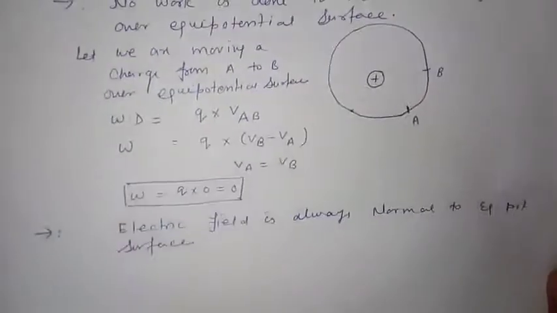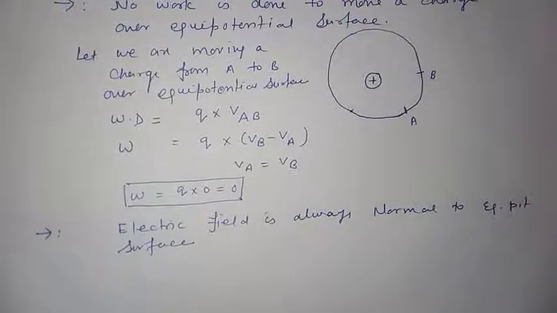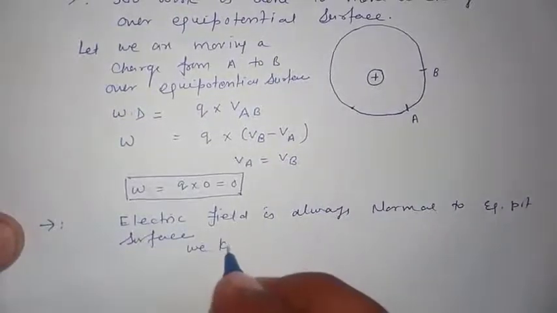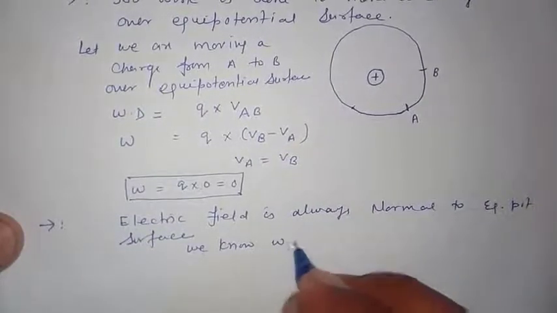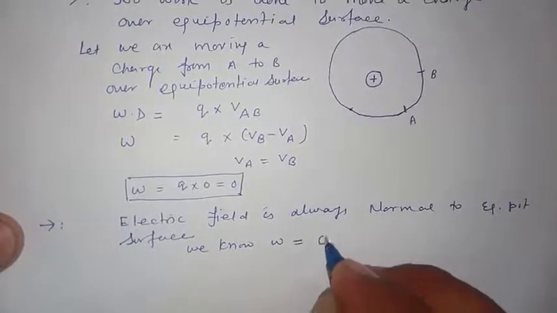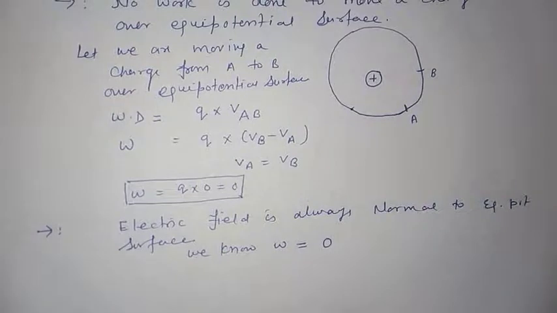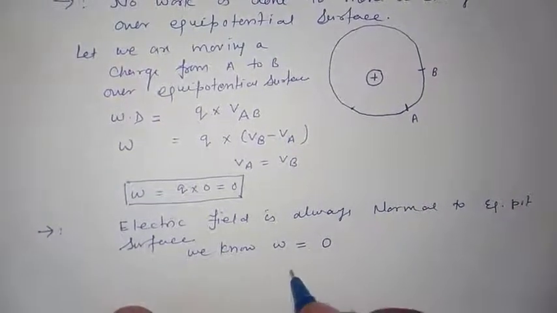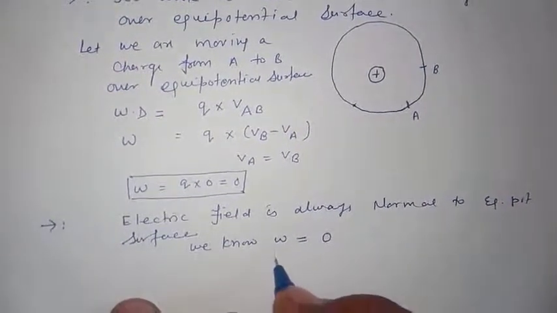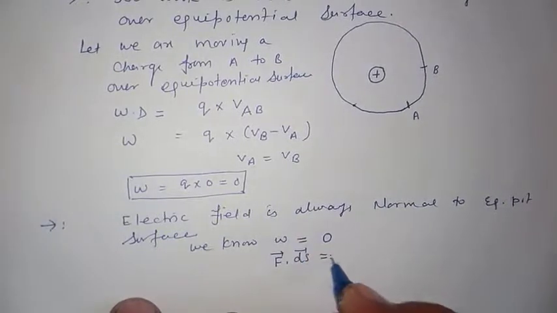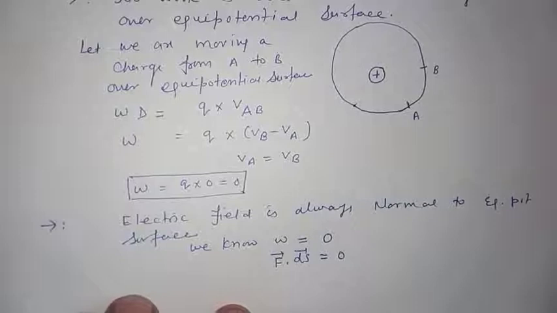So electric field is always normal or perpendicular to the equipotential surface. We can also prove it. We know work done to move the charge over an equipotential surface is 0. Now what is work done? Work done is the dot product of force and displacement. That is F dot ds is 0.